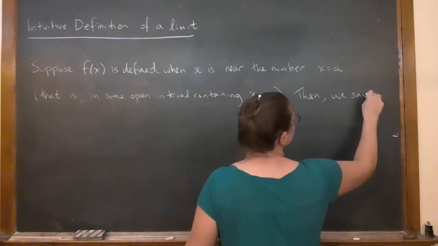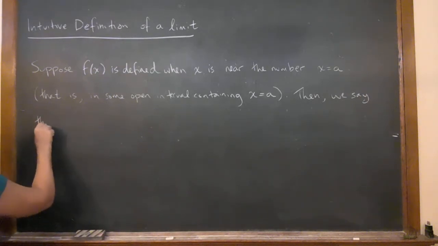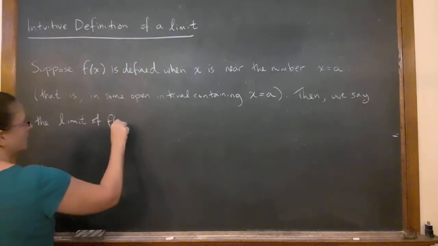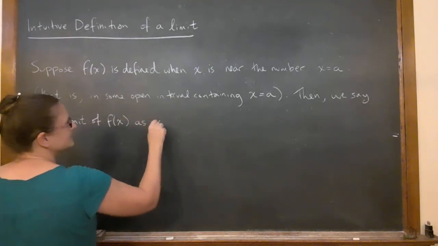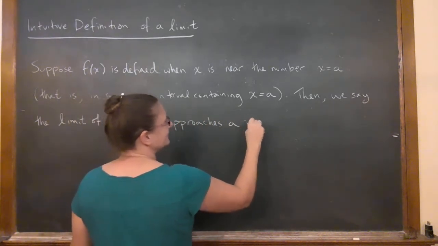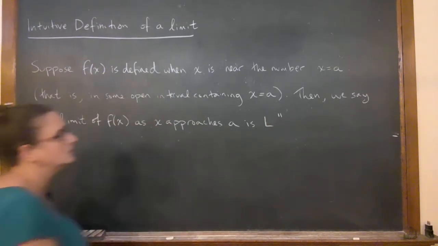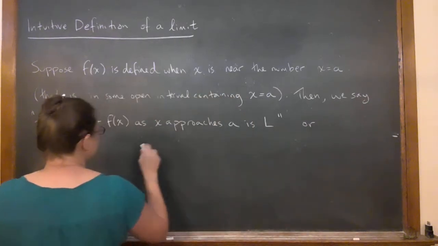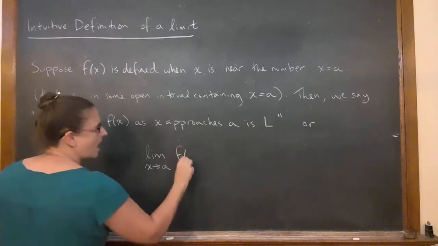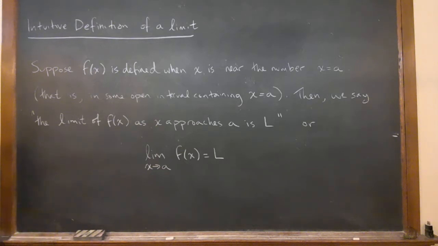Then we say the limit of f of x as x approaches a is L, which is a lot to say, right? But in symbols, which is the way we'll write it, we write it the way I wrote it on the previous thing: the limit as x goes to a of f of x equals L. So what does this mean?